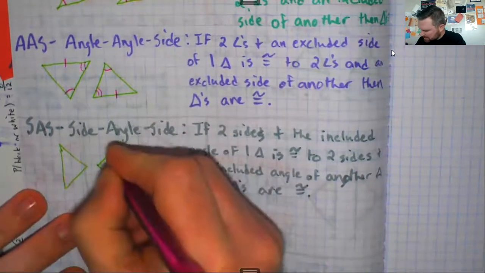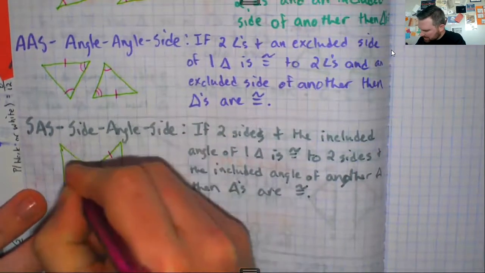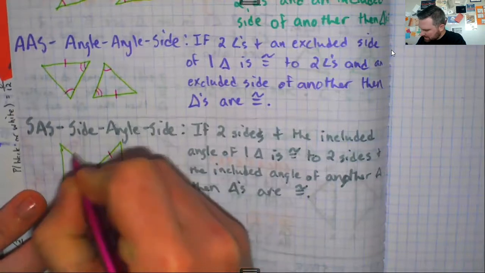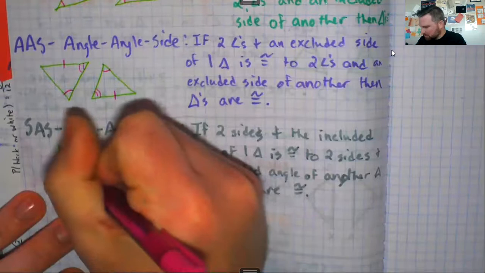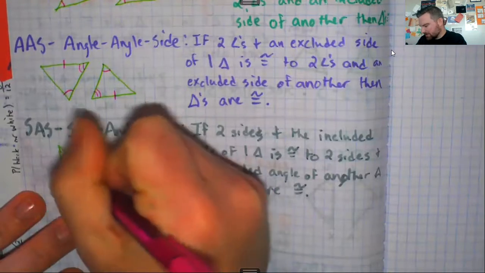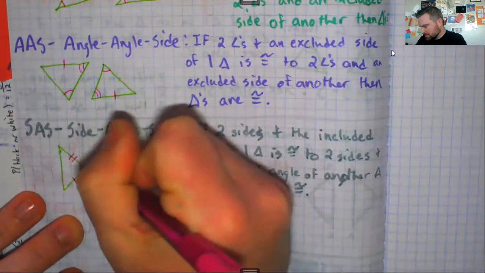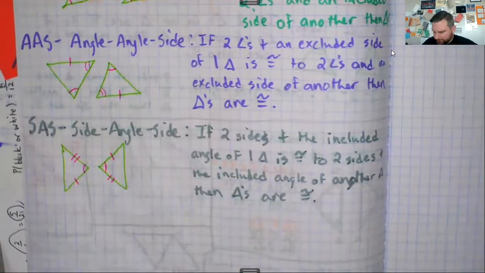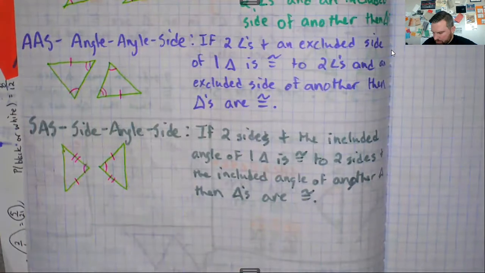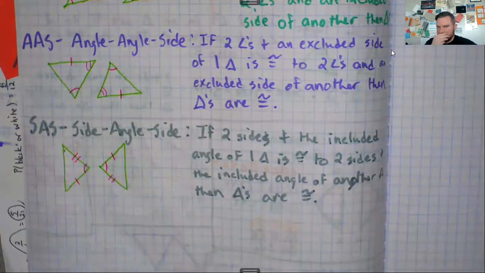So let's say this side is congruent to this side and this side and this side. So we've got two sides and we have the included angle, which would be the angle that connects those two sides. So those two. Okay, so you have the included angle.